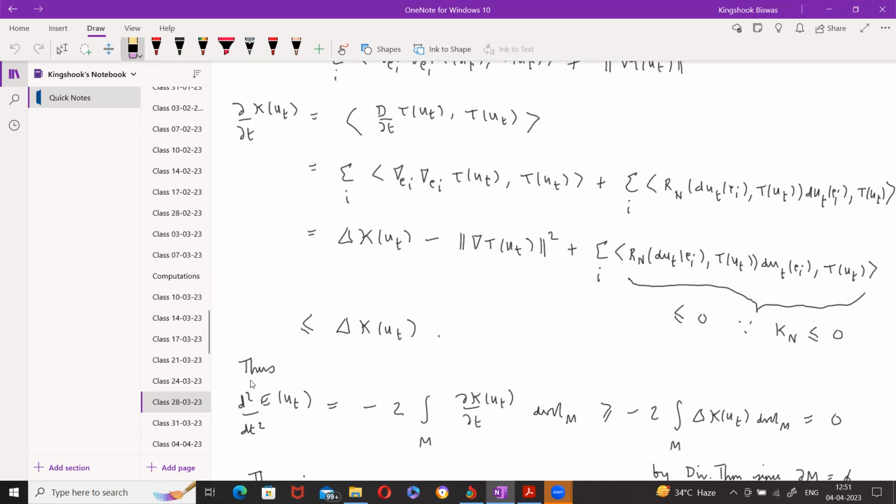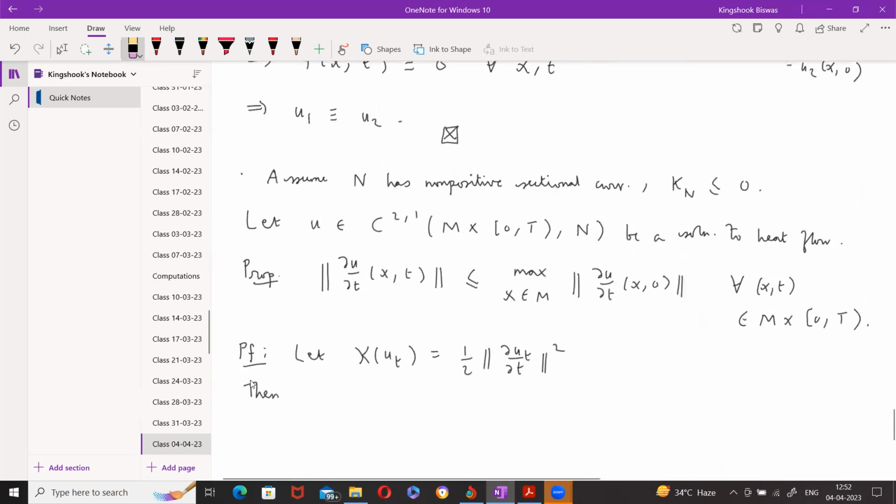If you take this to the other side, then you get Laplacian minus del T of kappa ut. What is this?